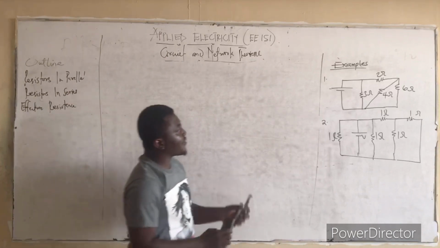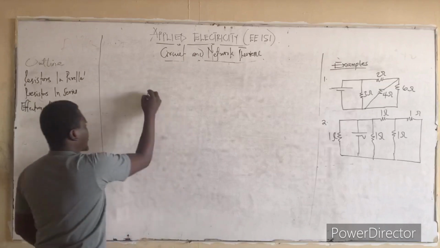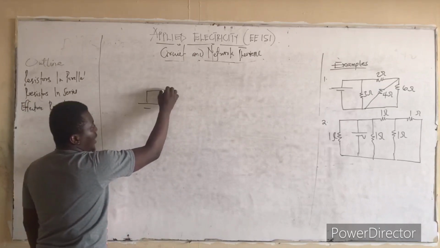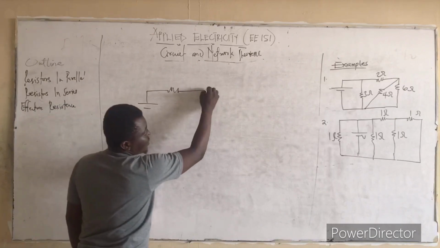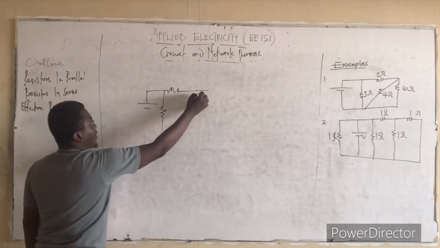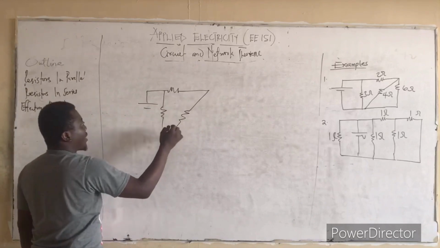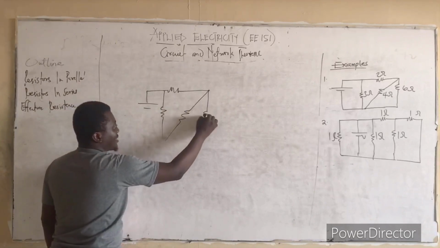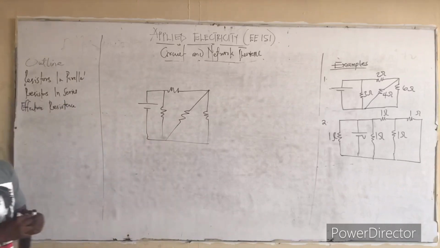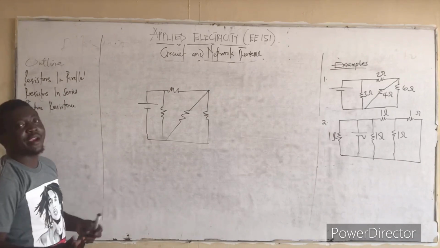So to solve the first example, we will redraw the circuit diagram. We have a resistor here. We have a resistor here. We have a resistor coming across. Then we have a resistor here. So to find the total resistance, first do current division.